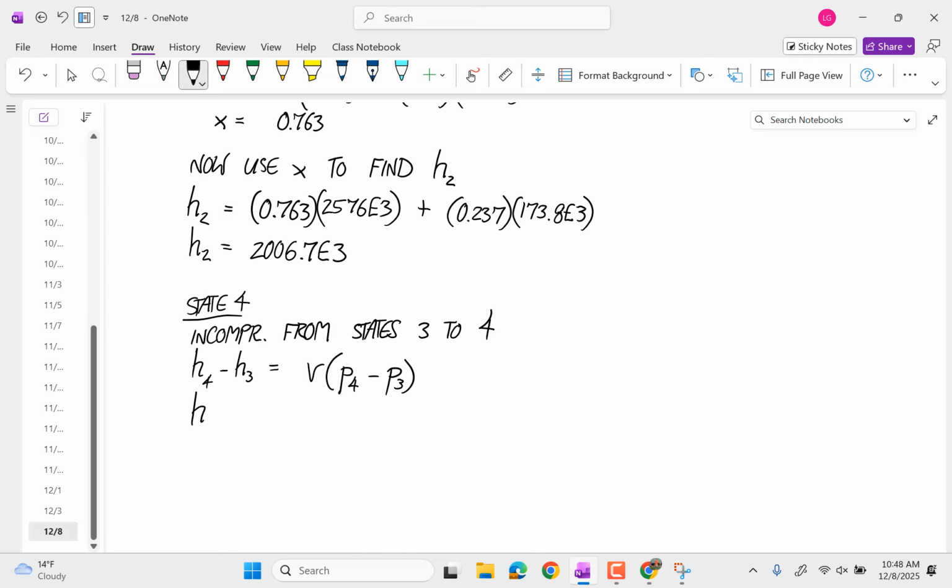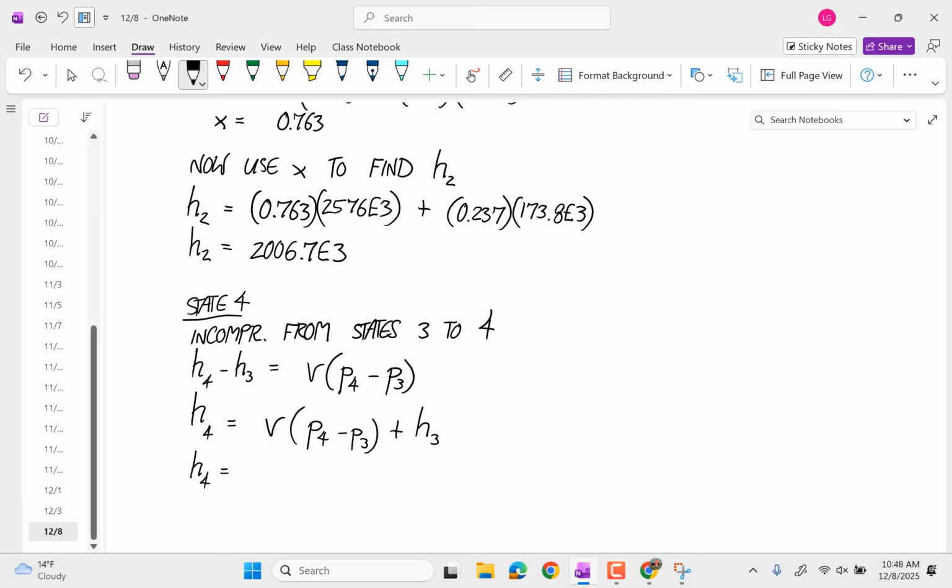And so H4 is equal to specific volume times the quantity P4 minus P3 plus H3. We could look up that specific volume, or you could assume that it's going to be pretty close to 0.001. Either one is fine with me.